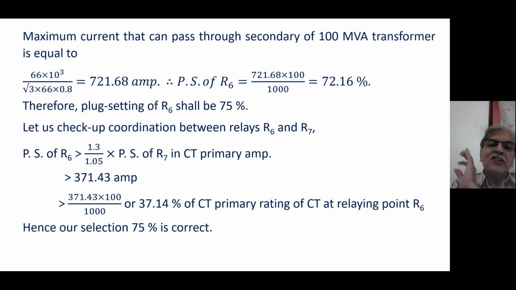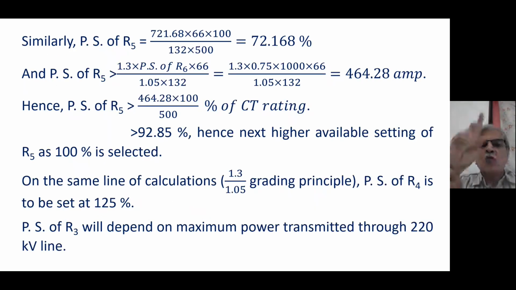And I have already decided based on rated current 75%. So that is correct, because 37% is less than 75%. I have to go for higher value because relay must not trip for rated current, and therefore my final setting for R6 is 75%, my dear friend. R5 I have to go to now.